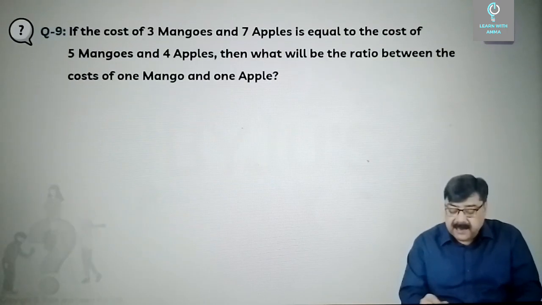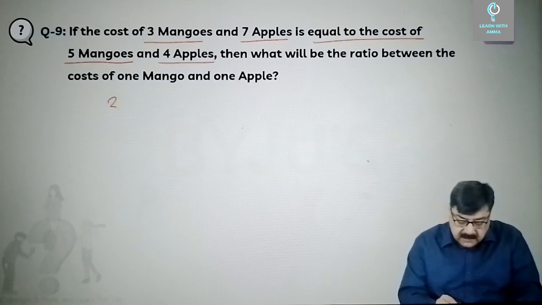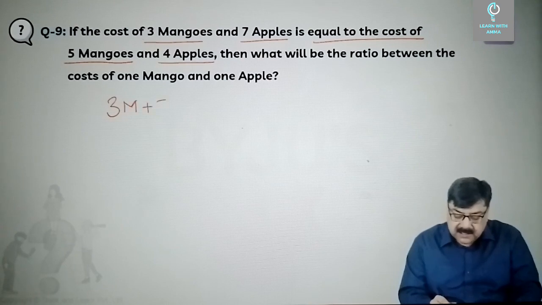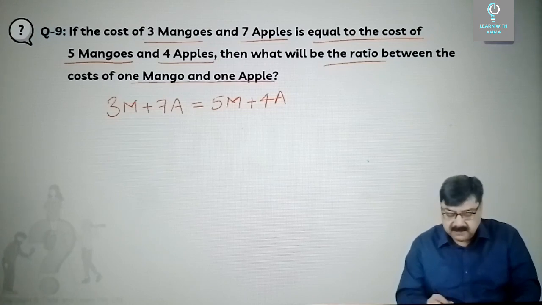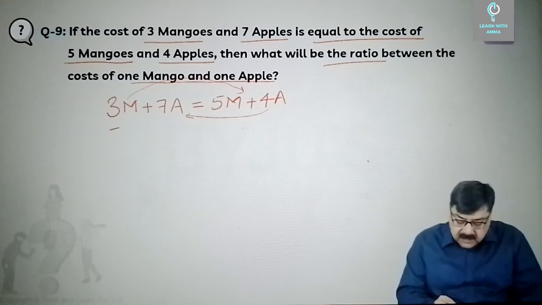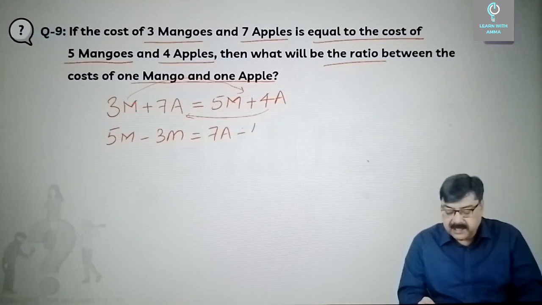Alright, the cost of 3 mangoes and 7 apples is equal to the cost of 5 mangoes and 4 apples. Alright, let's do this. 3 mangoes plus 7 apples equals the cost of 5 mangoes and 4 apples. Then what will be the ratio between the costs of 1 mango and 1 apple? Quite simple. Take this here, bring this here. So this is 5m minus 3m, which is equal to 7a minus 4a.